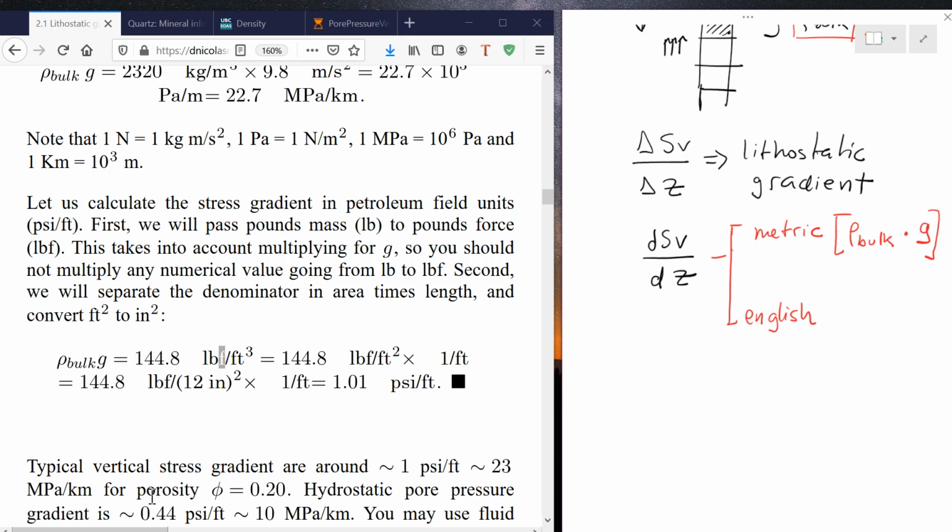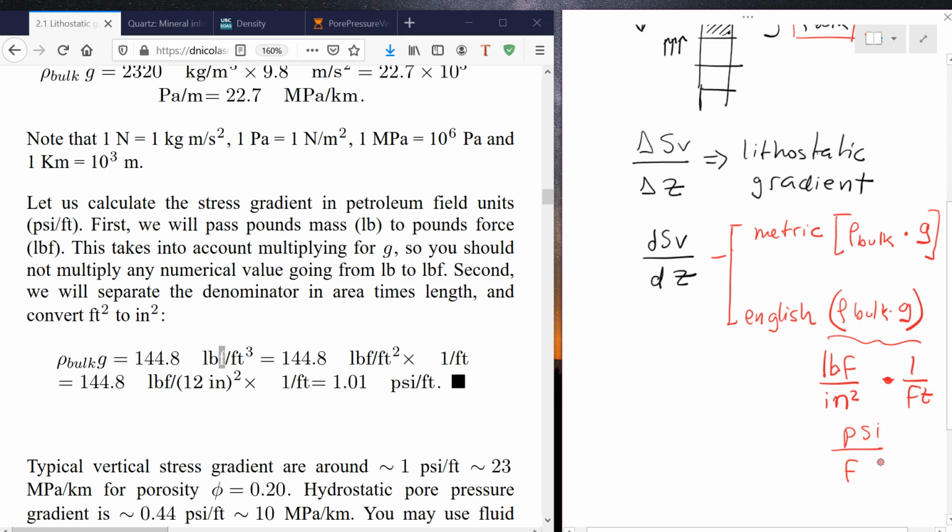So in this case, what you're going to do is use the density in English units, but this one already accounts for G, and it is going to be in units of pounds force, in this case per square inch, by unit of length, and this is going to be psi per foot.